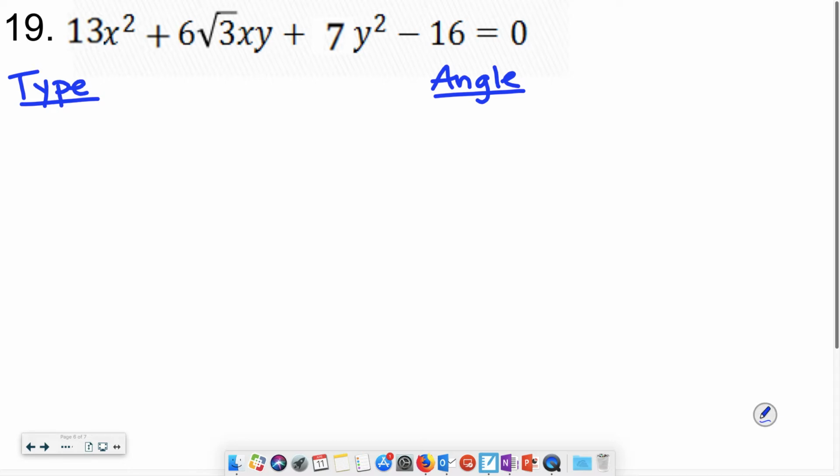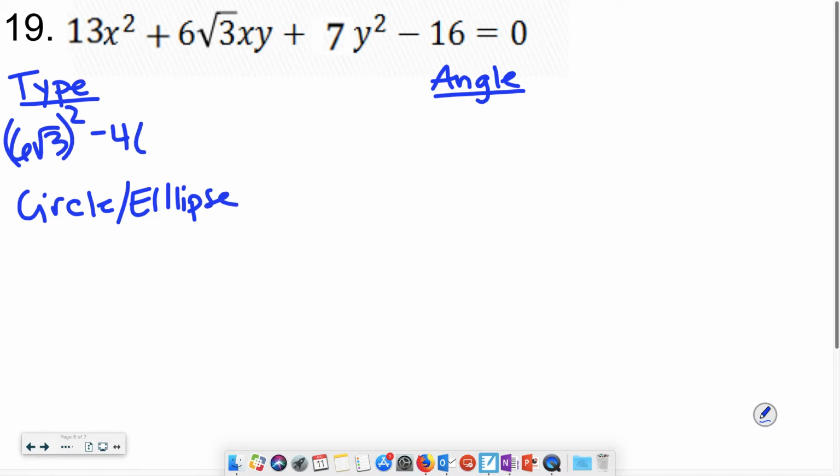Okay, so the type of conic that we have. Sydney, what type of conic is it? If you take b squared minus 4ac, and this is where I saw some people getting their calculators out. 6 squared is 36, radical 3 squared is 3, so you have 36 times 3.